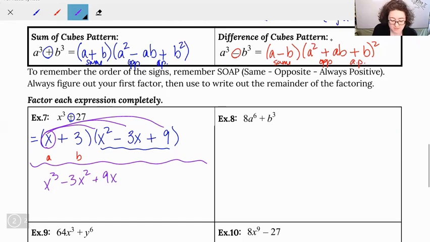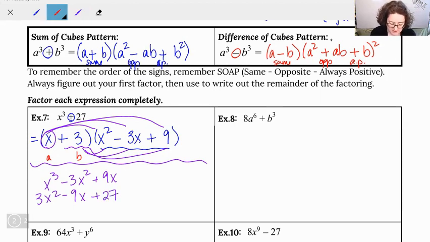And then I'm going to do the same thing with the positive 3, distribute him over everything. Excuse me, I did this out of order. I have a 3x squared. Then, so 3 times x squared, 3 times negative 3 would give me a negative 9x. And then positive 3 times positive 9 would give me a 27.